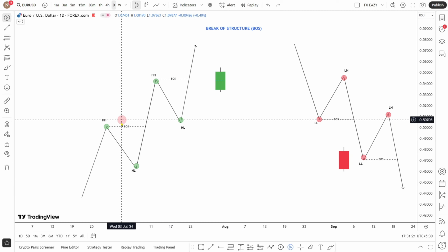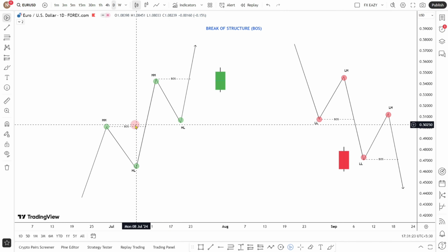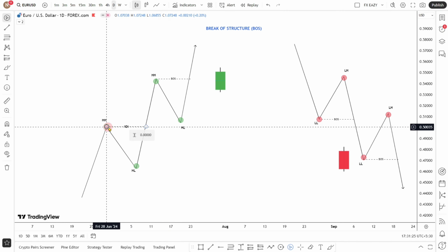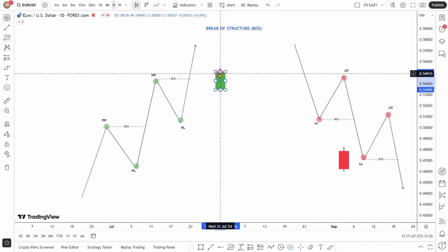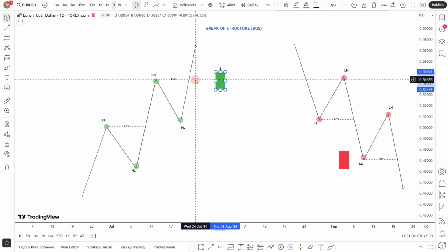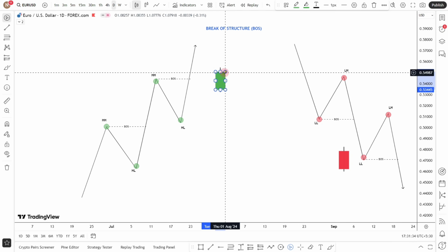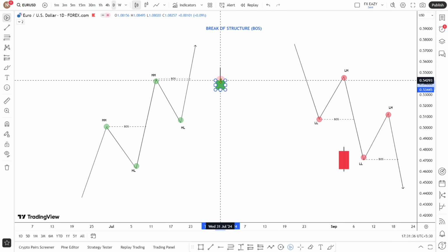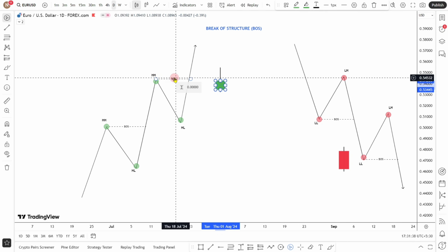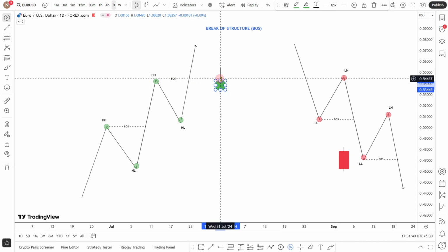Whenever the market is going above the higher high and it gives a closing candle, the candle has to close above the previous higher high. If the candle fails to close above the previous higher high, then your BOS would not be confirmed.